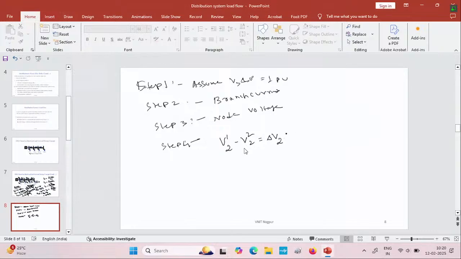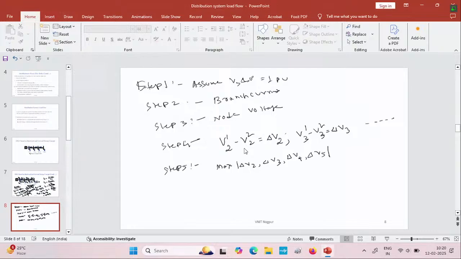Similarly, we will check the node voltage for node number 3, node number 4 and so on. At the end, in step 5, we calculate the maximum value of del V2, del V3, del V4 and del V5.